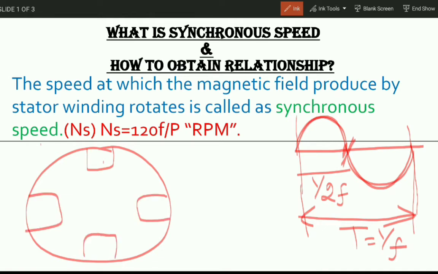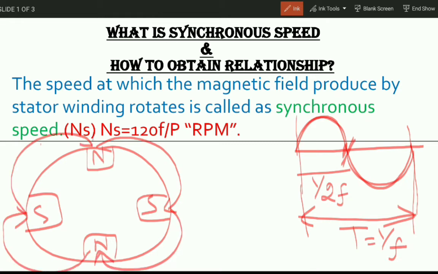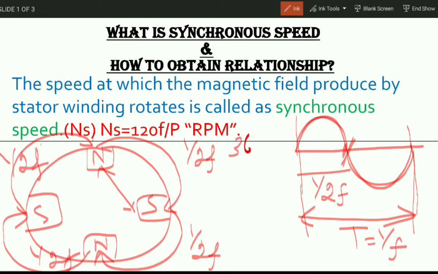The field moves from one pole to the next, from here, then from here, and then from here. For shifting from one pole to another, the time taken is 1 by 2f, and again 1 by 2f, 1 by 2f, 1 by 2f. By this it completes 360 degrees.